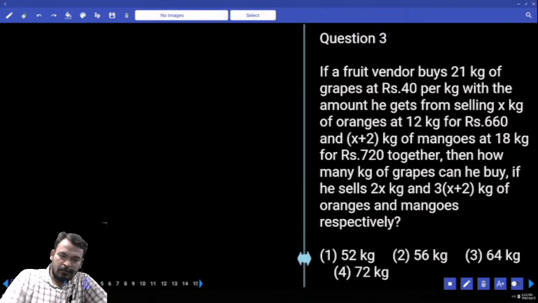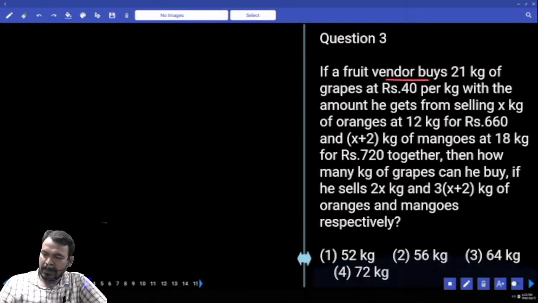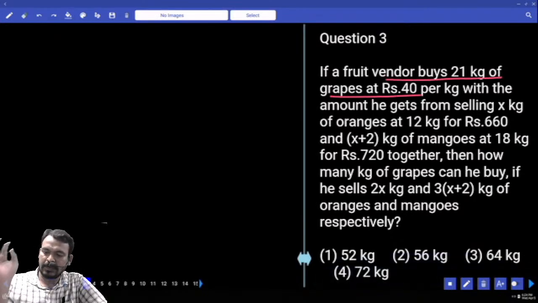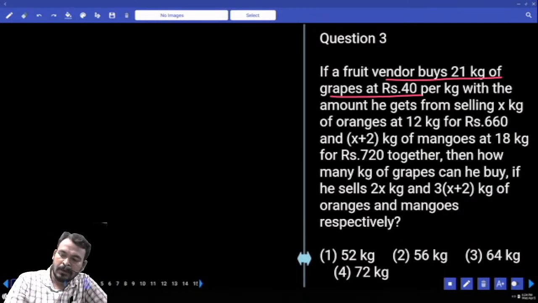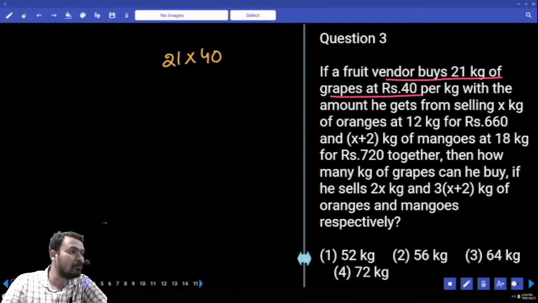Okay, first, the fruit vendor buys 21 kgs of grapes at 40 rupees per kg. 21 into 40. What is the amount? 840, or not? 840. Per kg value 40 rupees. Number of kgs are 21, or not?